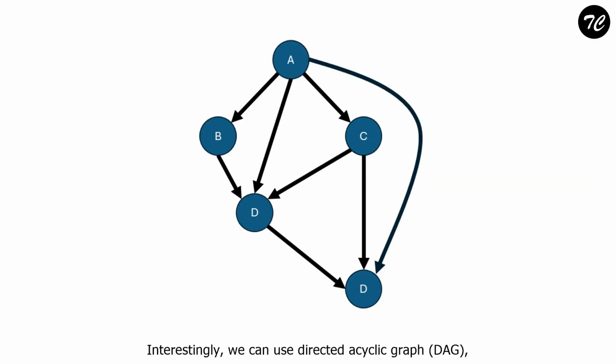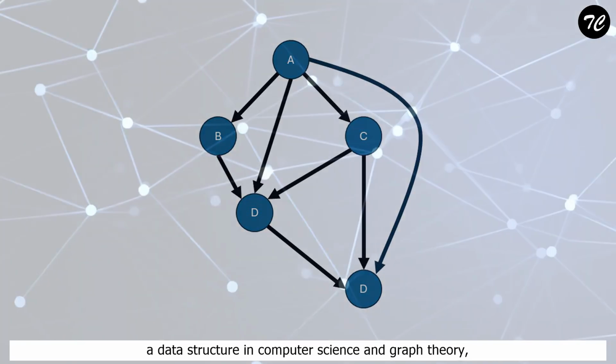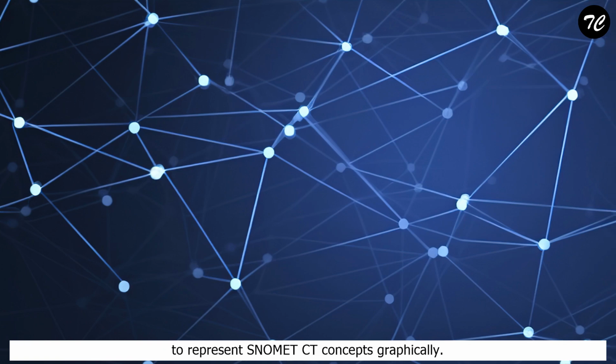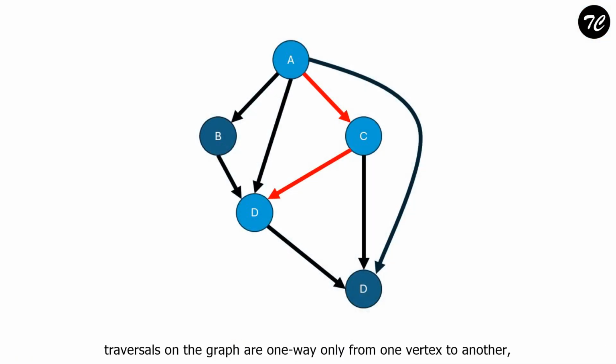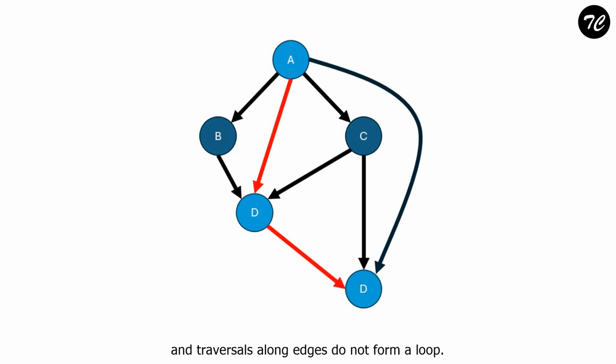Interestingly, we can use a directed acyclic graph, DAG, a data structure in computer science and graph theory, to represent SNOMED-CT concepts graphically. A DAG is a graph such that traversals on the graph are one way only from one vertex to another, and traversals along edges do not form a loop.